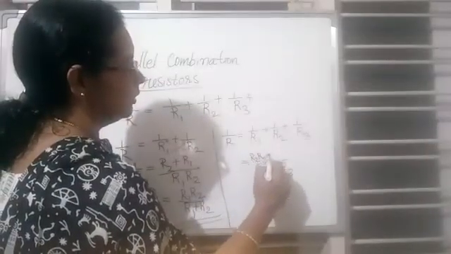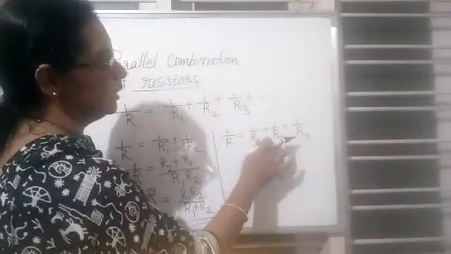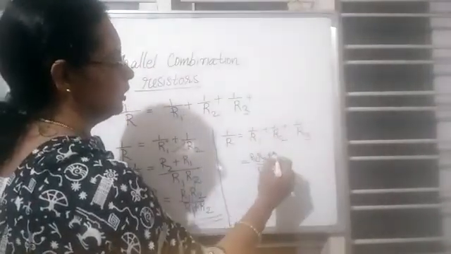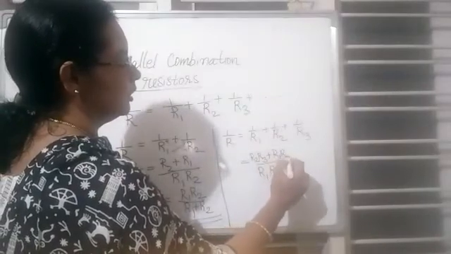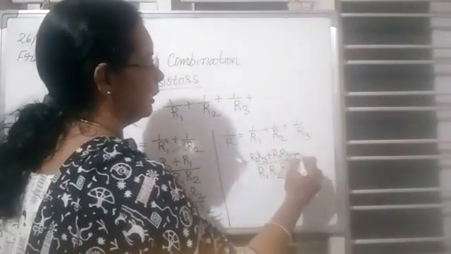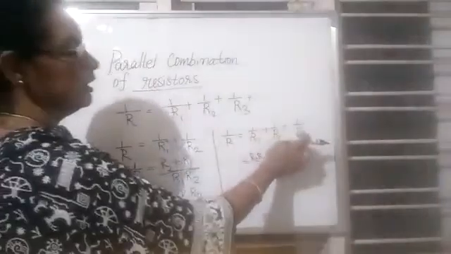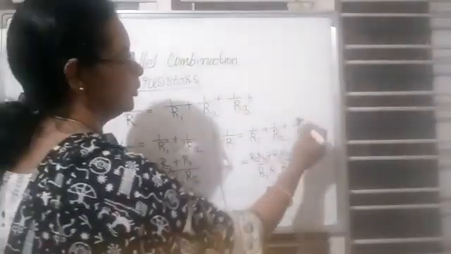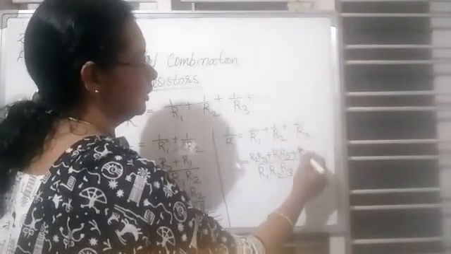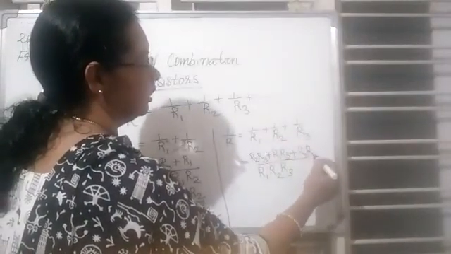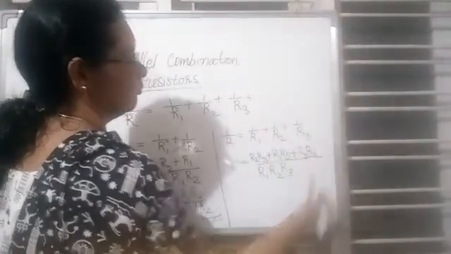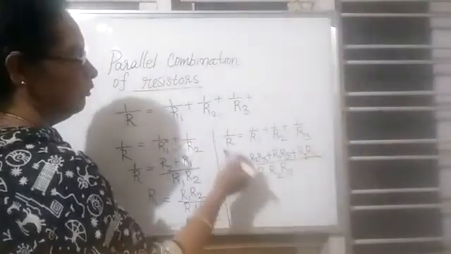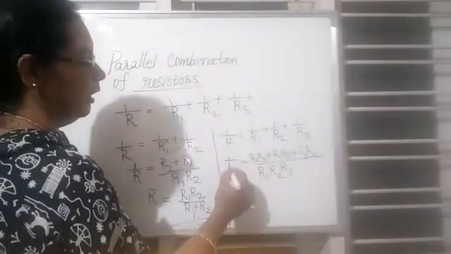For the second, R2 is in the denominator, so R1, R3. Plus for the third one, R3 is in the denominator, R1 and R2 not there, so the numerator becomes R1, R2.